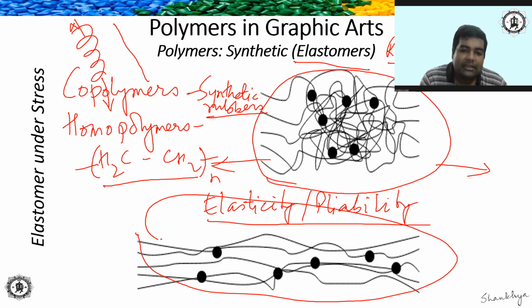If you pull it, it becomes this straight line structure, linear fashion, and once that tensile force is removed, it will again go back to that original coil-like form. That is why rubber is inherently very elastic and pliable in nature. That is why it has so many uses in our industry and other industries as well.